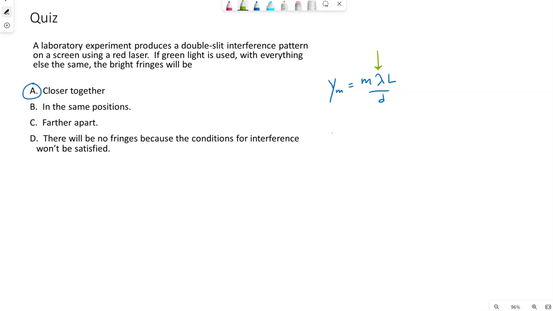It shows that red is approximately 650 nanometers, green is approximately 510 nanometers. So green has a smaller wavelength. With a smaller wavelength, then y will be smaller when we shine that through the same slits. y being smaller means those bright spots are closer together.